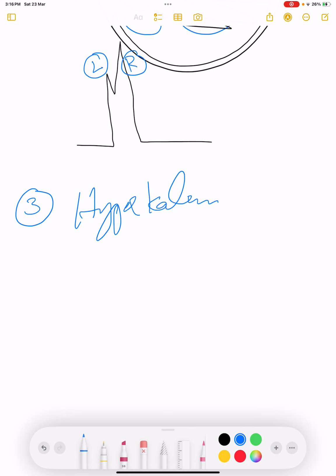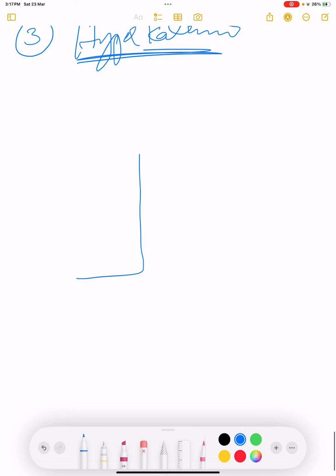hyperkalemia. Remember what was happening in hyperkalemia? So we know this is our normal depolarization curve of a ventricle.